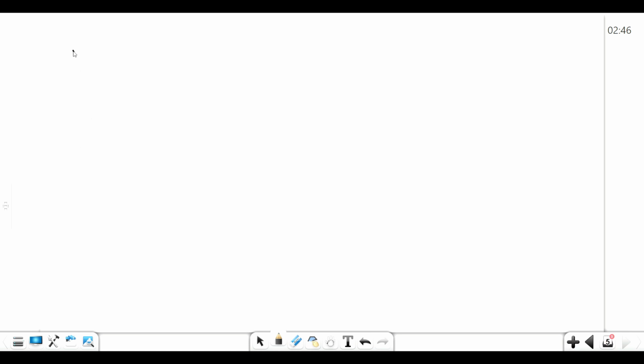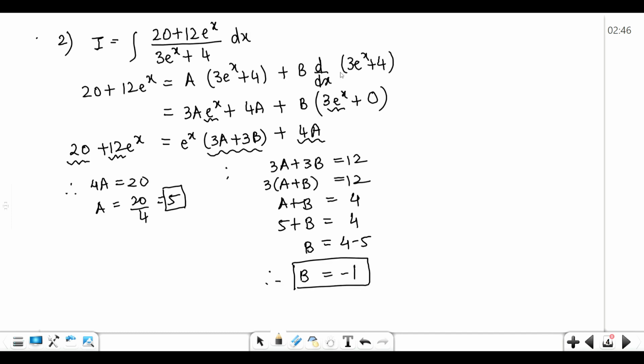Now we'll express our numerator, 12 e raised to x plus 20, as 5 times 3 e raised to x plus 4, minus 3, the value of b, times e raised to x. You can check it over here.